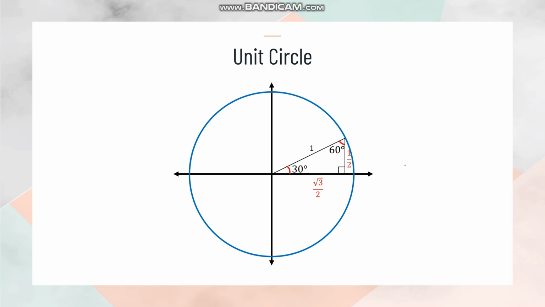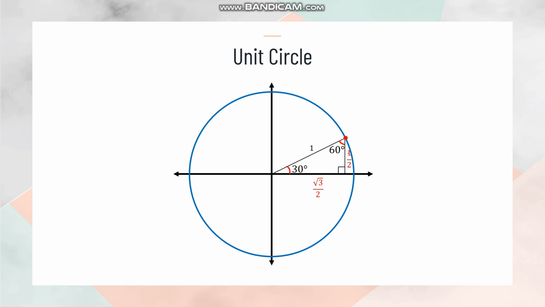Now, how is this one related with the unit circle? As you can see, there is now a point formed, this point right here, after we created the right triangle. Now, we can identify the coordinates of this point using the legs of our right triangle. So this one, remember, is square root of 3 over 2.